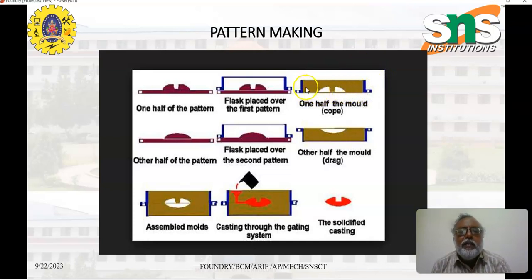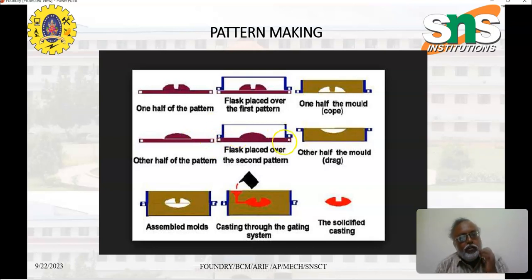We have to use a shovel and hammer to level the mold in this way. After that, you have to tilt this pattern this way, so you have to turn it up and down in this way. The next half of the pattern has been kept like this.